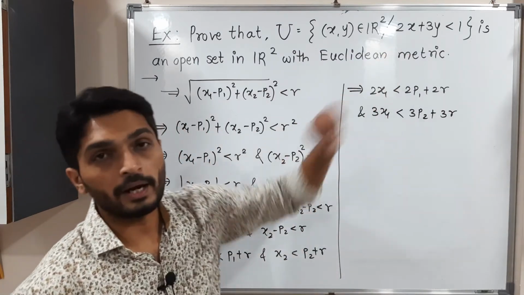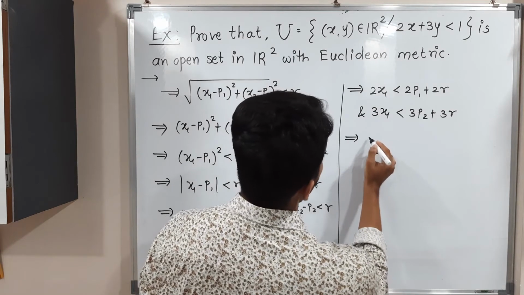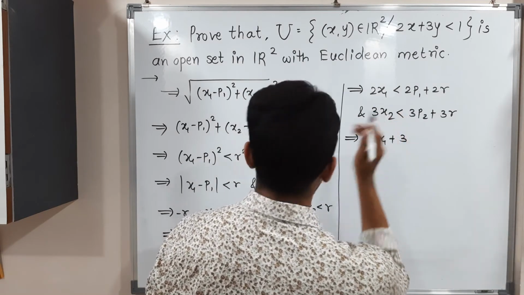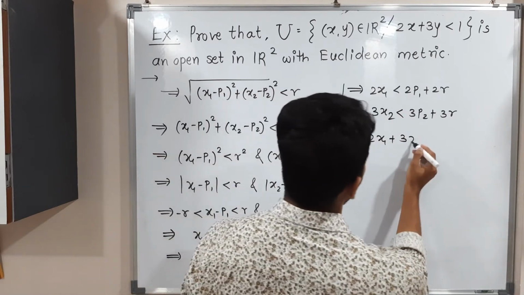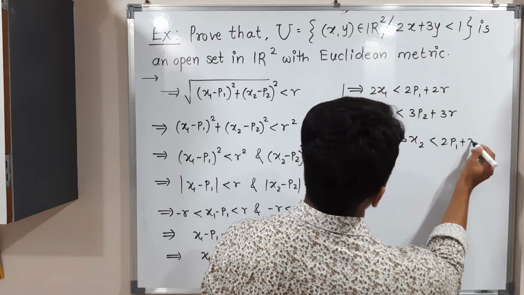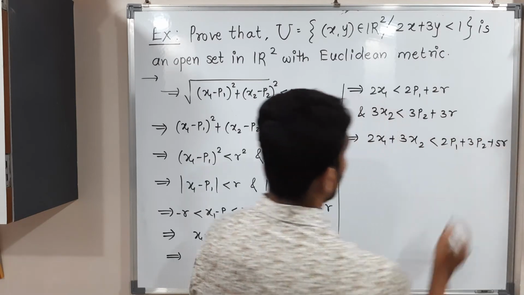After that we have to add. Let us add now. So this is 2x1 plus 3x2 less than, if you add, 2p1 plus 3p2 plus 2r plus 3r, that is 5r.